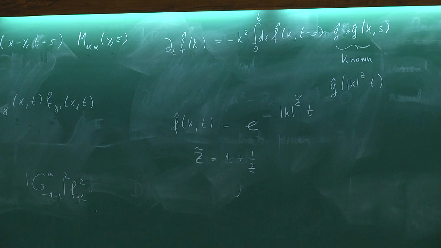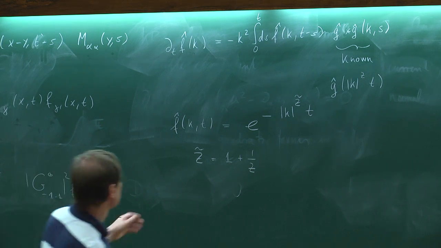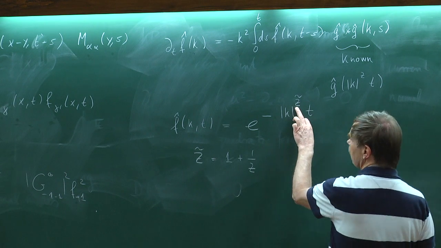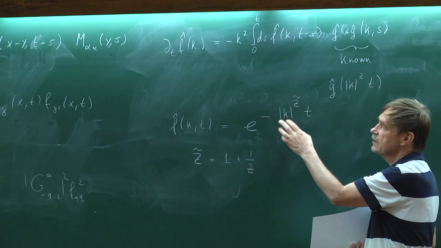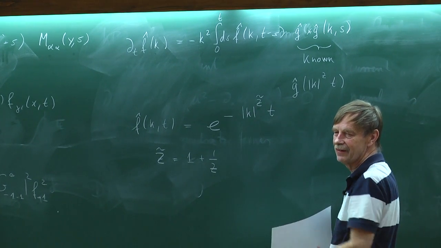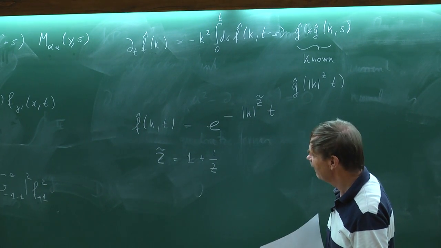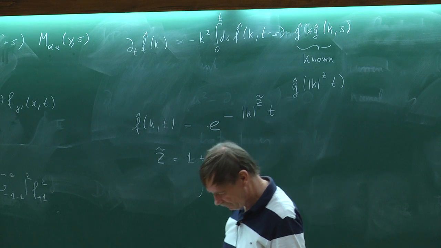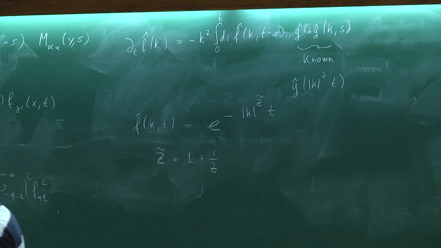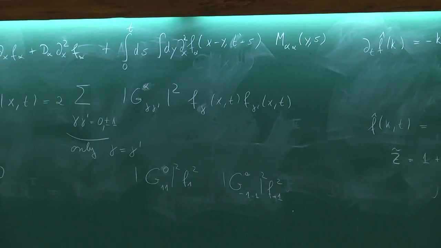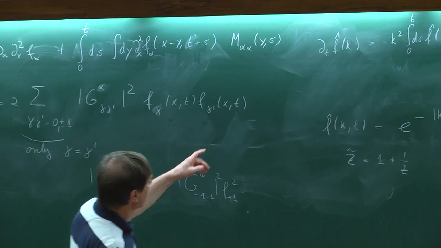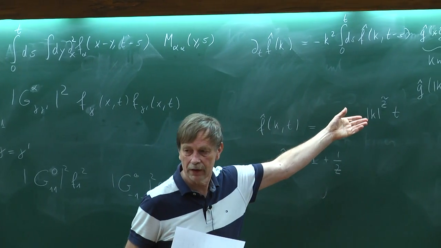I call it a stretched exponential because it is e to some power which is not 1 or 2. It's not a power in t. Now I can apply this to our case. This approximation is for large t and small k, the usual one.